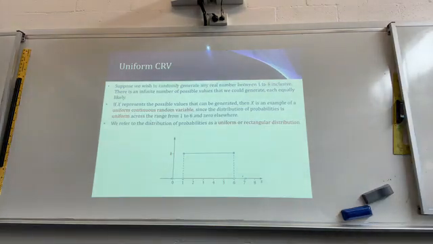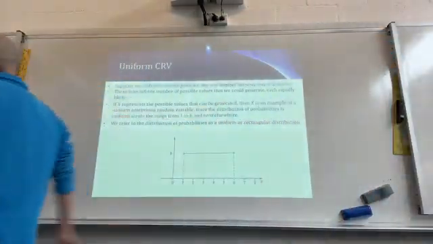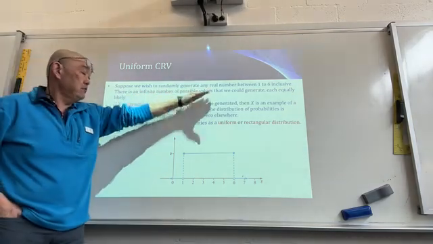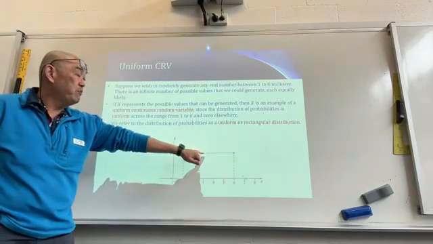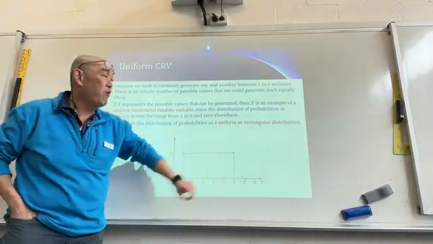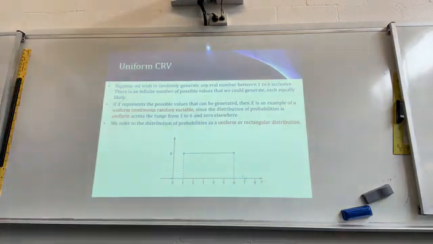So for a uniform CRV, suppose you wish to generate any real number, and this time the words real number are there, between 1 and 6 inclusive. There are infinite possibilities. There are lots of values between 1 and 6. It could be 3.3333, 0.00001, 5.999999. So that's actually infinite possibility.